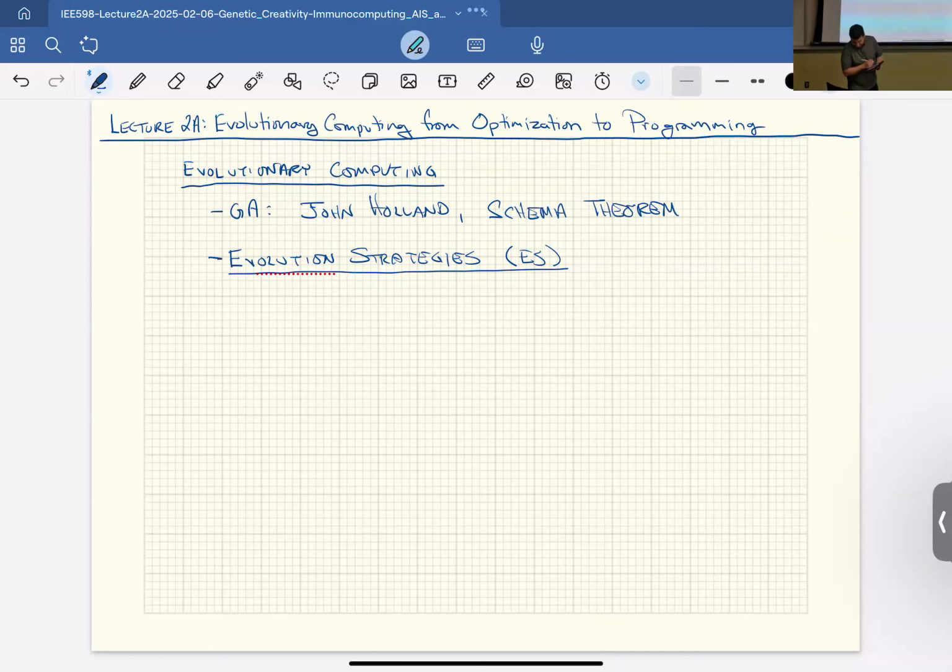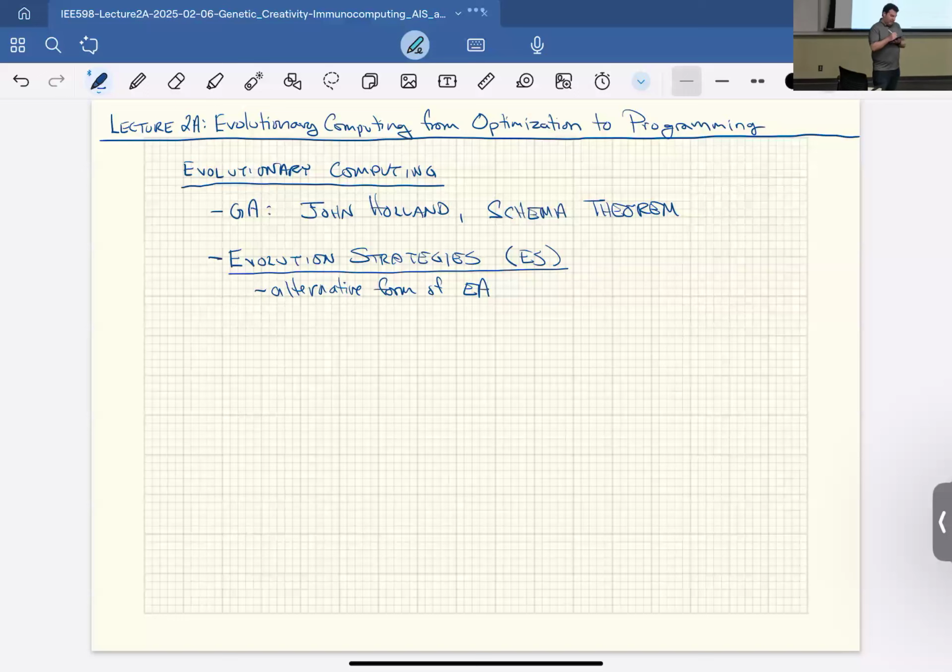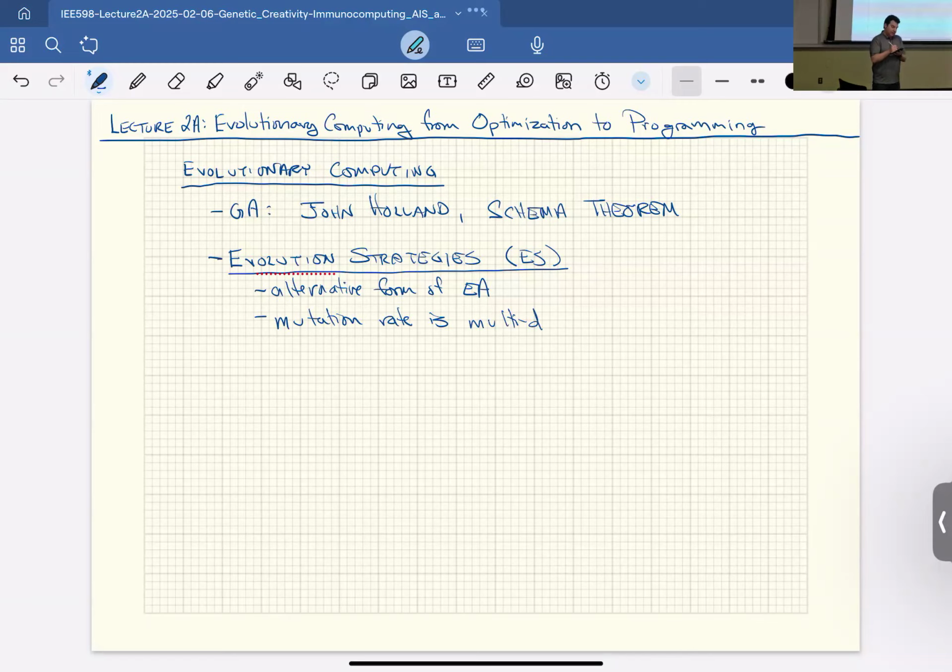And so it's an alternative form of evolutionary algorithm. One of the interesting features is that mutation rate is multidimensional, and possibly in some versions, a part of the chromosome.